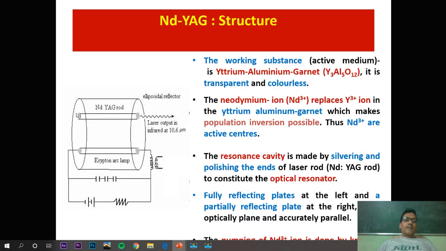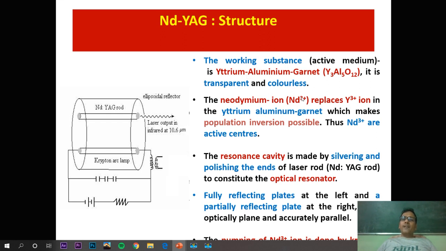So this is the basic schematic diagram of the Nd YAG laser. This is the krypton lamp to pump the ions, and this is the Nd YAG rod. This portion is partially polished, and this portion is 100% polished. So the fabry-perot resonator is formed here. The working substance, that is the active medium, is yttrium aluminum garnet. It is transparent and colorless, so there is no need of a transparent container to contain this.